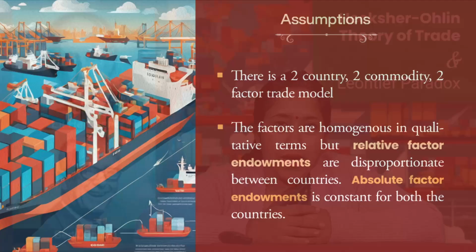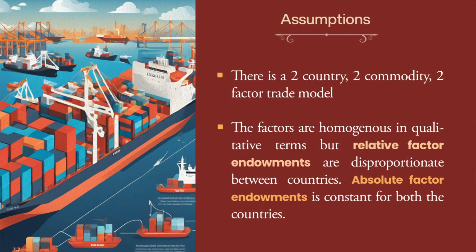Now, coming to the Heckscher theory, let us first reflect on the assumptions which play a vital role in understanding the pattern of trade as explained by Heckscher and Ohlin in their theory. So this theory assumes a 2x2x2 model, that is a two country, two commodity and a two factor trade model.